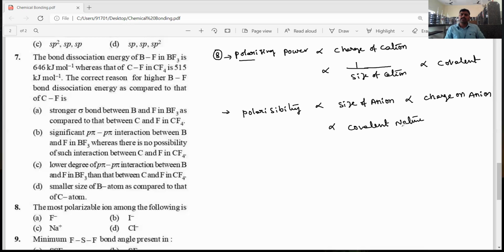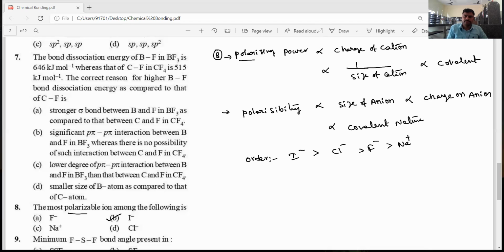So polarizability of an ion means a negative ion with larger size. The polarizability order is highest for I minus, then Cl minus, then F minus, and then Na plus. So the highest polarizability is option B.